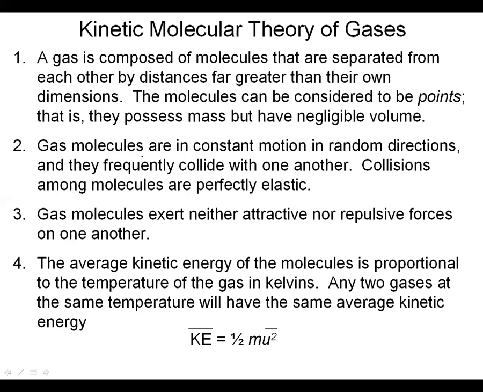It's the idea where the gas molecules are far away from each other. They're considered points. The volume of the gas themselves is small compared to the container they're in. And that means that we assume that the gases have a negligible volume.